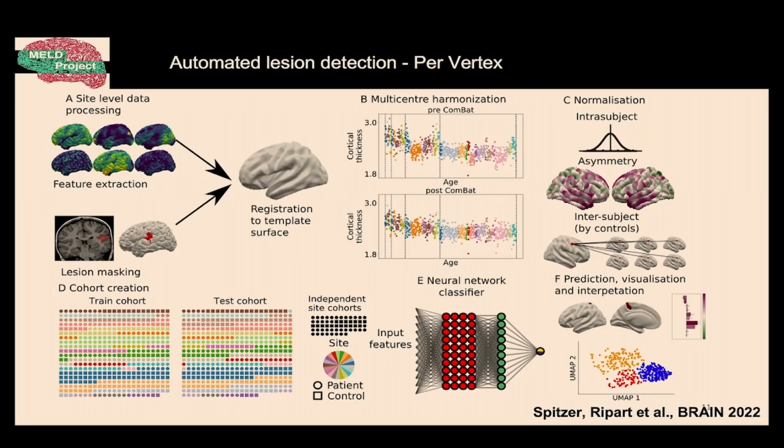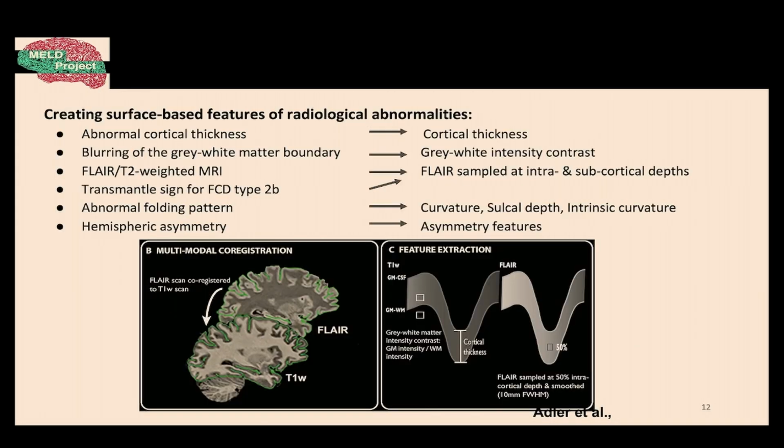So this is the overview of the pipeline. I'm going to zoom in. So firstly, we have this local site feature extraction, which I'll just go through now. Using these surface-based methods that we've been hearing about today, we decided to extract all these features that radiologists use. So cortical thickness, the distance between the white and gray surfaces. The blurring of the gray-white matter boundary in T1 is sampling the values within the cortex and within the white matter and computing that contrast.